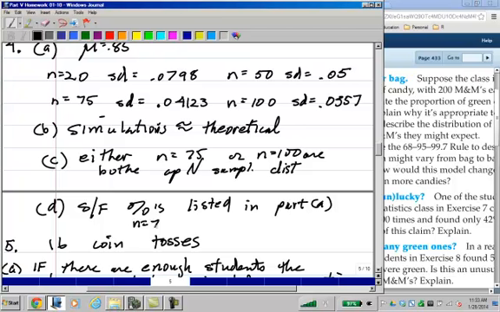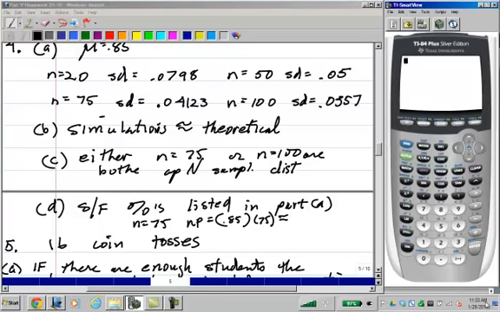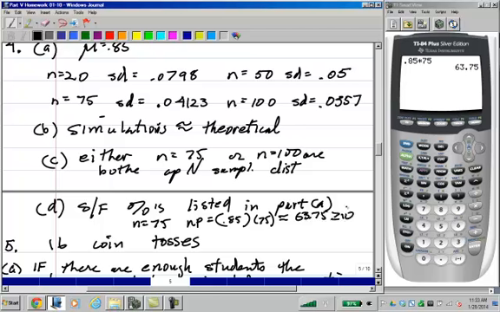For N equals 75, NP equals 0.85 times 75, let's do this in the calculator, and that is 63.75, which is greater than or equal to 10.